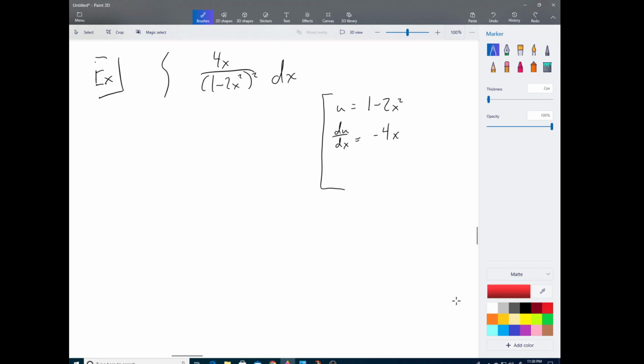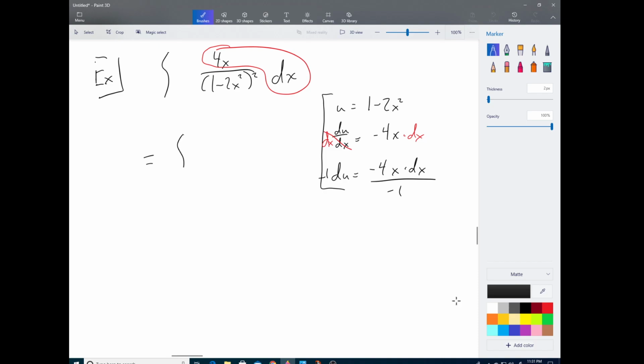And I have part of that already in the problem. So, only thing I don't have, notice, is that negative sign. So I'm going to need to multiply or divide by negative 1. Either one will work, because with ones it does not matter.